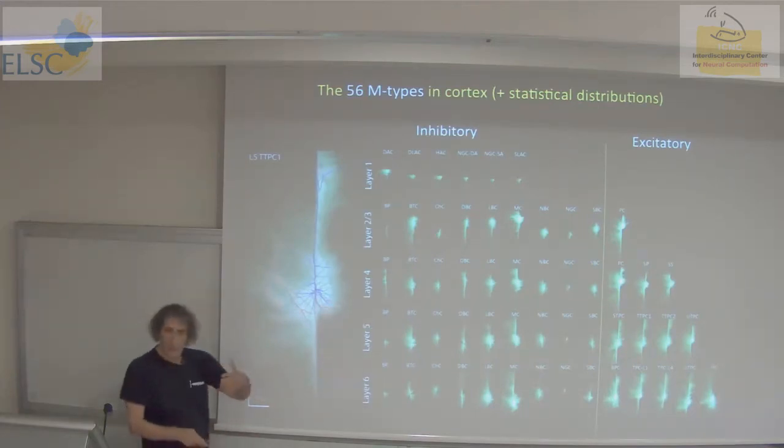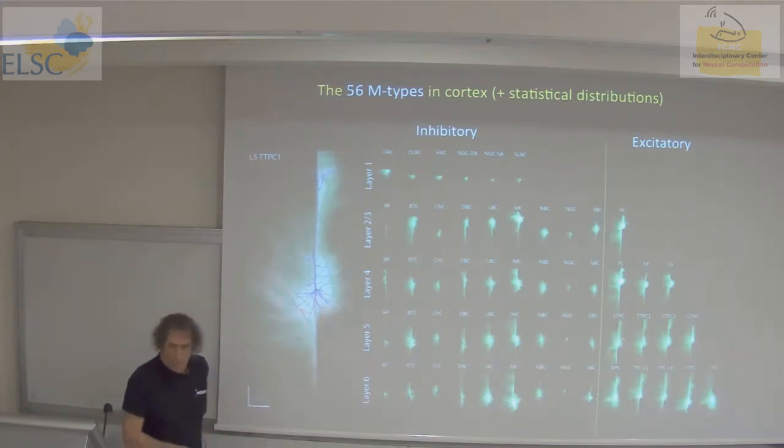Already I highlight a question that will come later from another perspective: why do you have so many morphological types of inhibition in the cortex, so many in terms of types, not in terms of numbers? Why so many inhibitory types and so few excitatory types? It's not a priori clear.